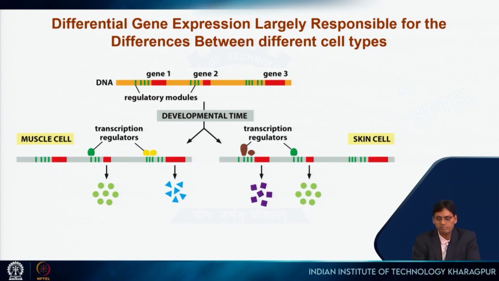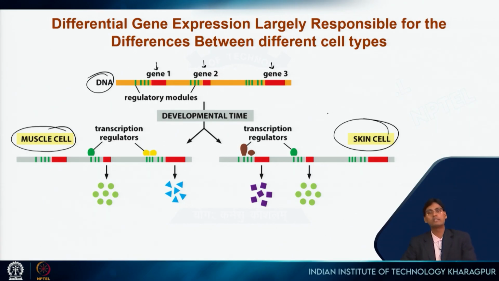As you can see, I am showing here this DNA, and in this DNA I am just concentrating on 3 genes, gene 1, gene 2 and gene 3, and those 3 genes are actually present in both muscle cell and skin cell. As I already mentioned, the information is the same everywhere.